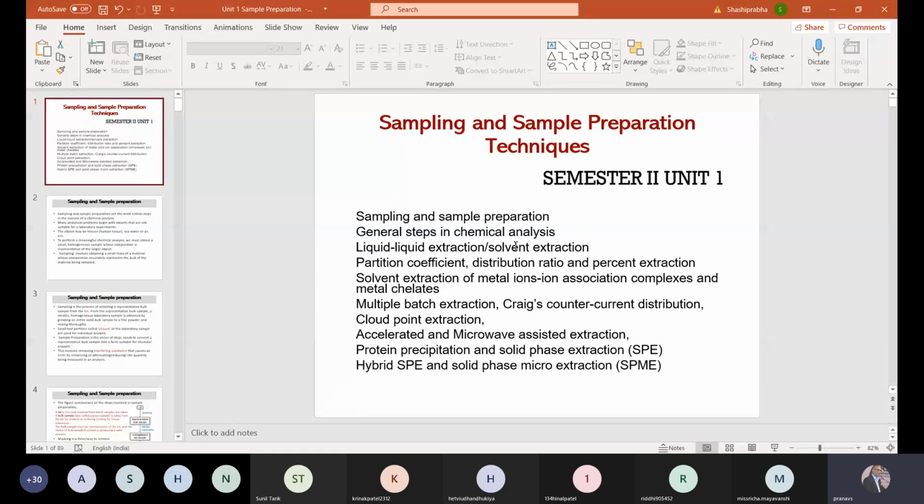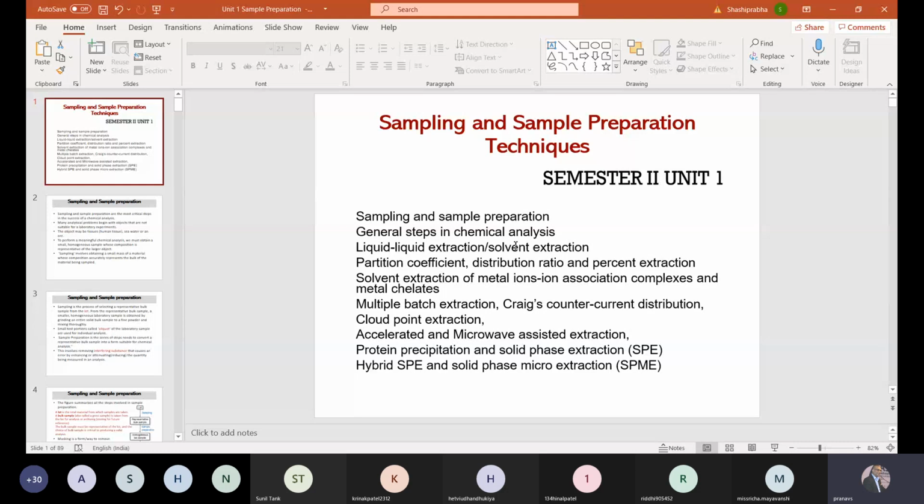See, when we look at an instrument, as I said earlier as well, it's a lifeless object, and we need to make it understand what it is supposed to analyze. So we need to condition it, and for that we need to provide it a sample which can give a reproducible response from that instrument, which could be relied upon, trusted upon.